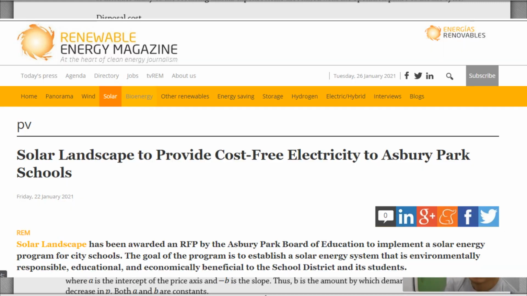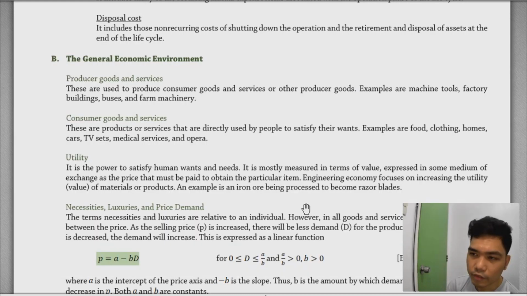I'm not really sure if that's the case, but of course they have their own land topography, so they can actually have a different setting based on the renewable energy.